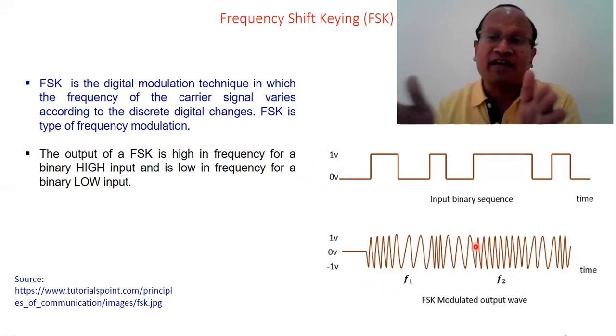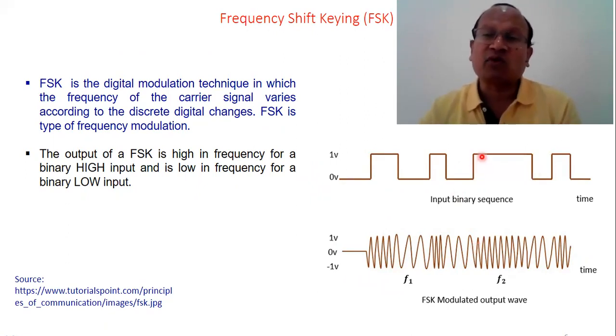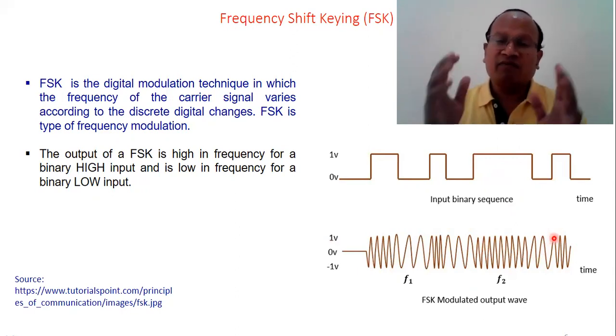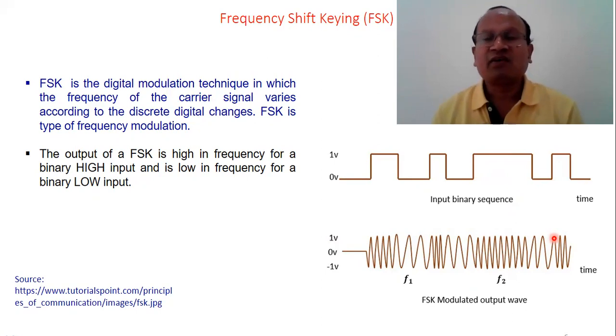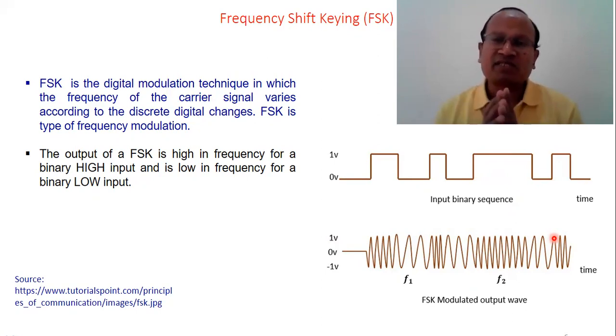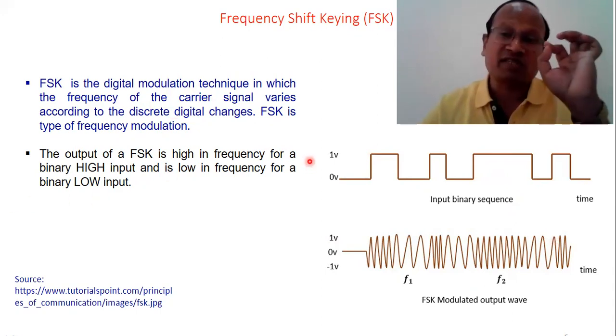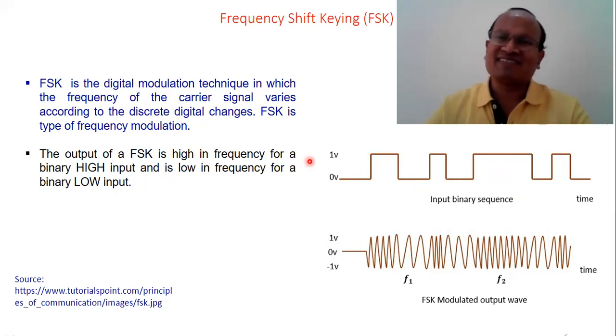The separation is wide. And next you can see here 111. When the bits are continuously 111, you see there is a high frequency, and again there is F2. What is very interesting here is that this method is similar to frequency modulation in analog communication systems.